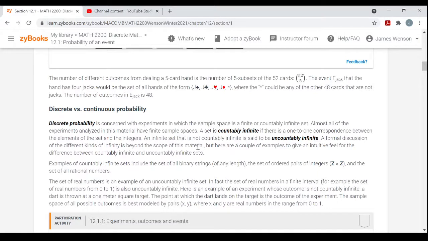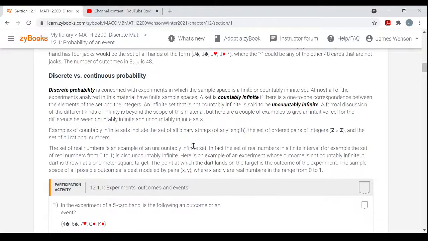And for uncountably infinite, we're talking about the real numbers, or any interval of real numbers on the number line. The complex numbers, too. Those are uncountably infinite. You can't form a bijection between the real numbers and the counting numbers, for example. Anyway, that's beyond us right now.